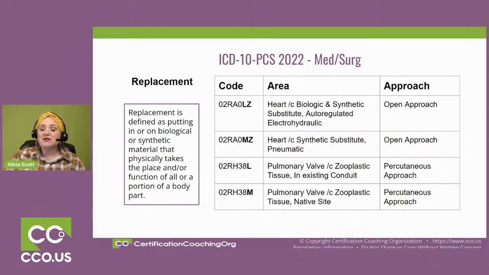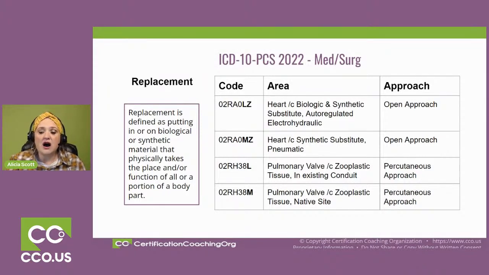Moving on to the new codes of replacement, and that's defined as putting in or on biological or synthetic material to take the place of a body part. So we will be working with the heart, and it's heart with biological and synthetic substitute.